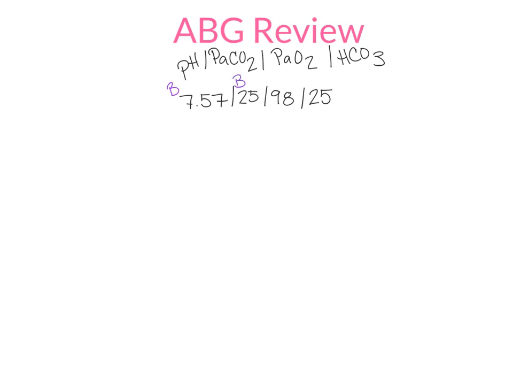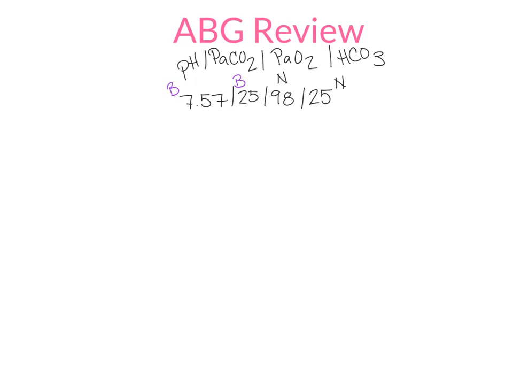Then we're going to skip over the oxygen status for now and go to the metabolic side, and we're checking our metabolic status. Well, it's still within normal limits. Now we're going back to our oxygenation, and that is within normal limits.